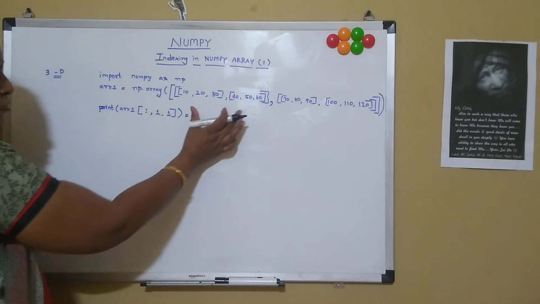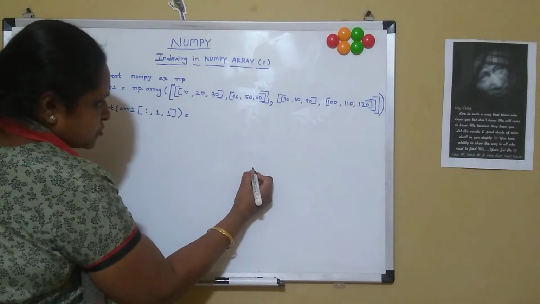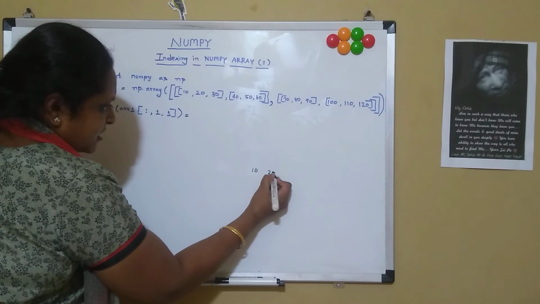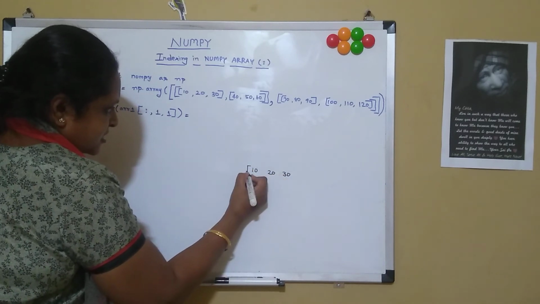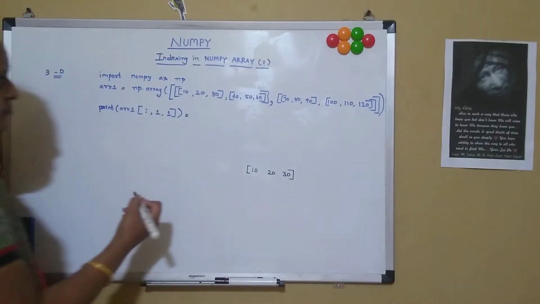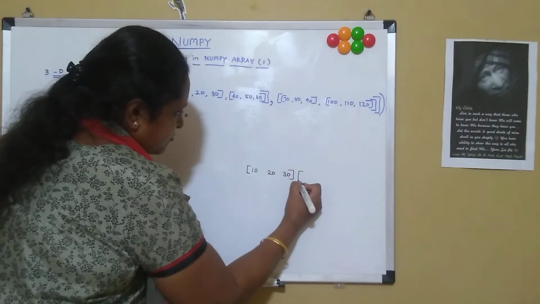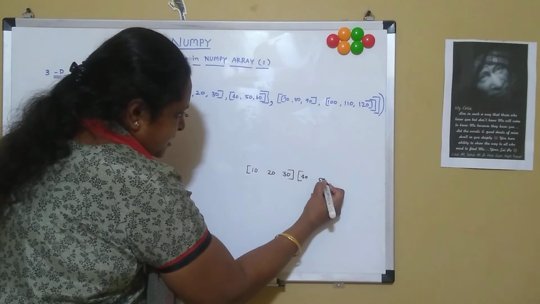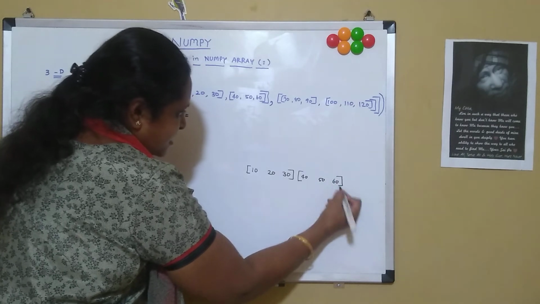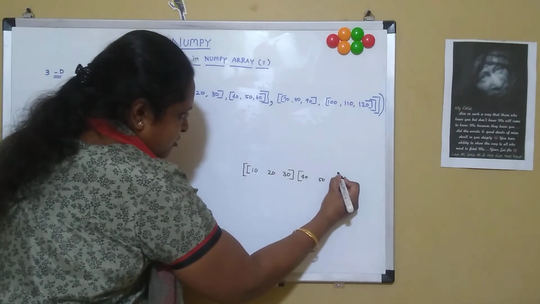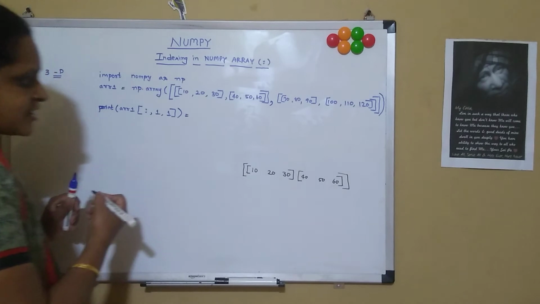It's an array of two-dimensional arrays. So 10, 20, 30 is a one-dimensional array. 40, 50, 60 forms another one-dimensional array to form one two-dimensional array.